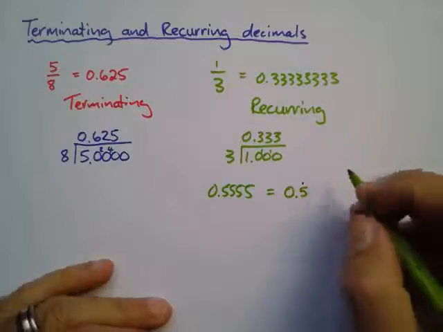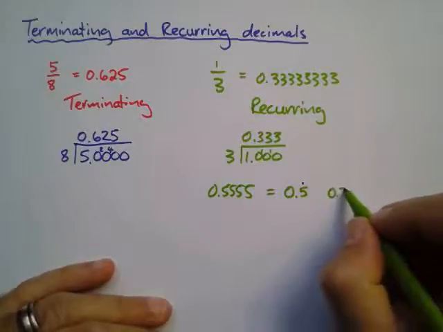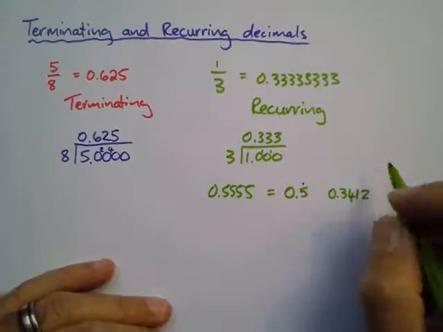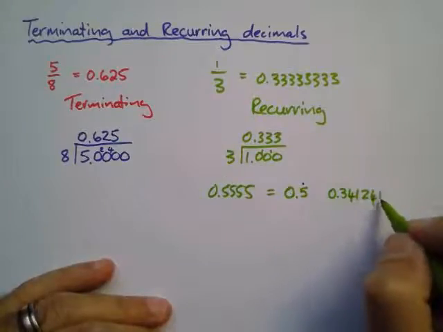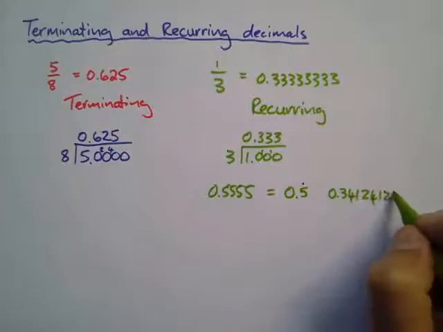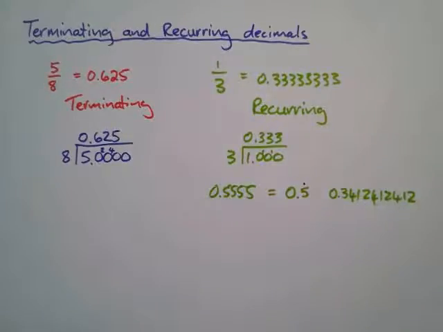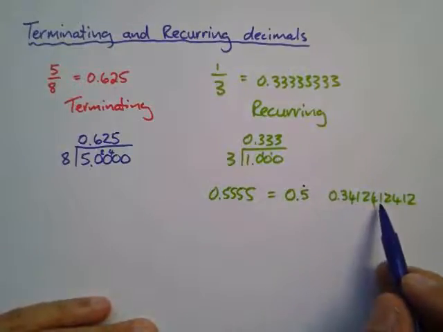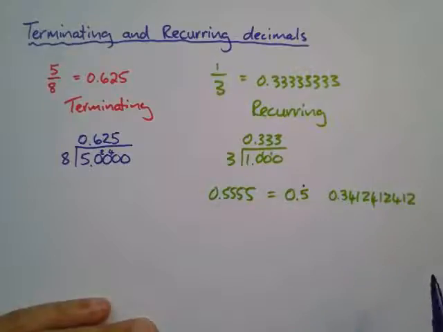If I have a value like 0.3412412, I see that it's not the first digit that recurs, but 412 recurs over and over.